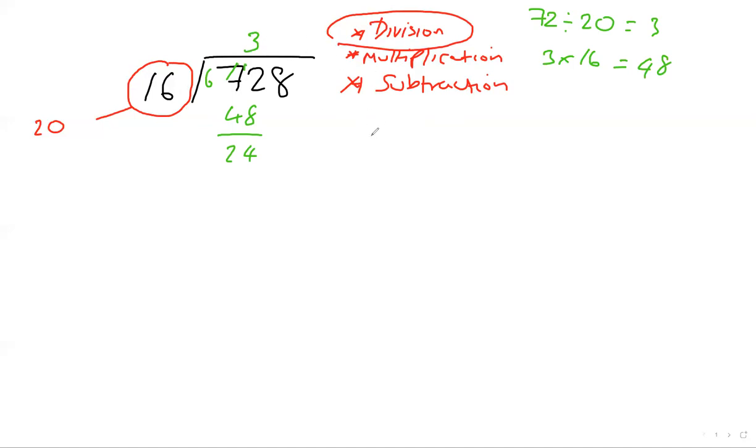So in this case, we're going to have to make this 3 a 4. So let's go back. We're going to remove the 3, we're going to turn it into a 4.